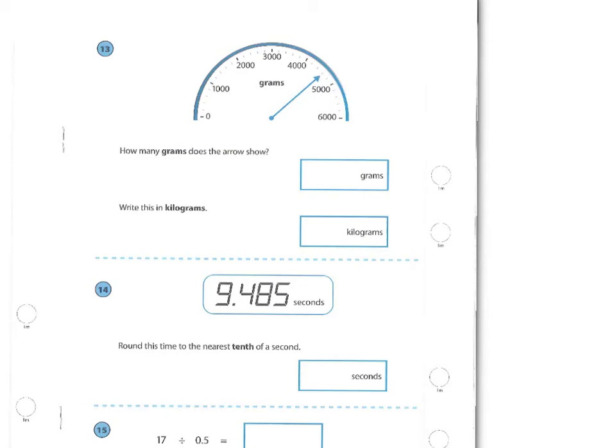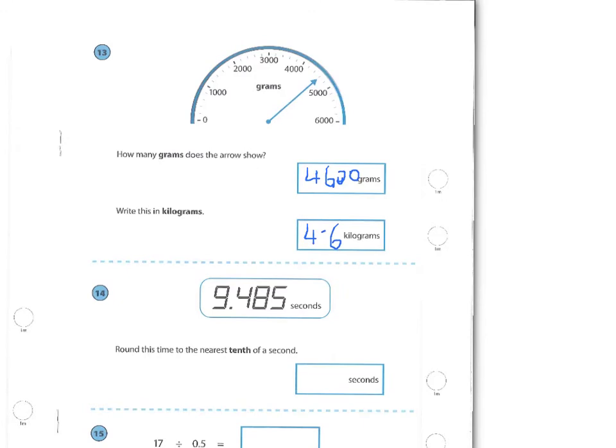So our arrow is on the third dash, so that must be 200, 400, 600 after the 4,000 marker, giving us 4,600 grams as our answer. Now, what is this in kilograms? So to turn grams into kilograms, we need to divide by 1,000, giving us 4.6.